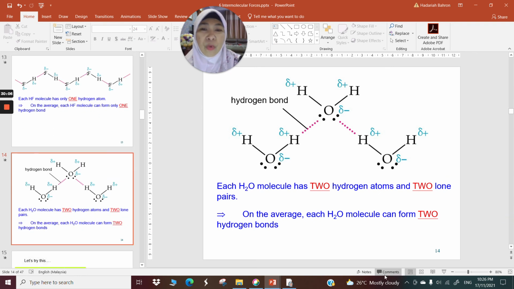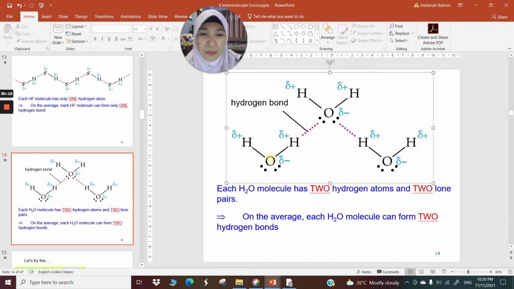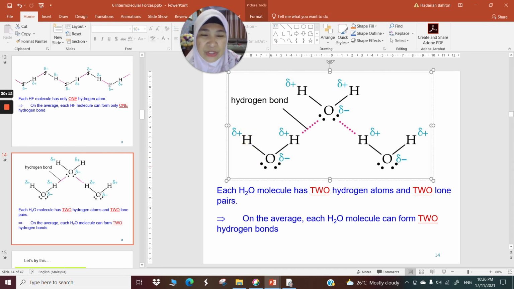Now let's have a look at water. Water, on the other hand, has one oxygen and two hydrogens. Each oxygen has two lone pairs of electrons. You know how this is happening? Through the Lewis structure. If you draw the Lewis structure of water, you will immediately know that there are two lone pairs of electrons on oxygen.